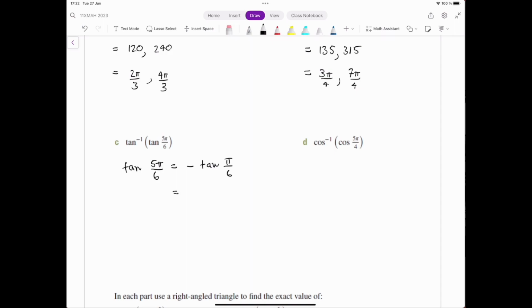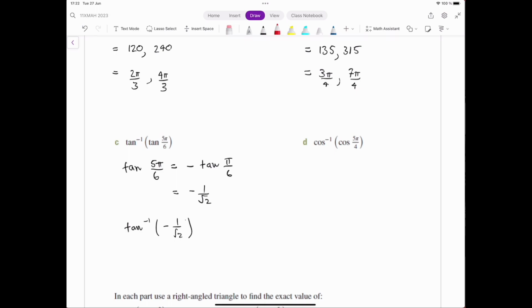Now tan of pi on 6, if you type it into your calculator, is 1 on root 3. So my answer is minus 1 over root 3. Now I like to explain what we have to do here with a graph. So we're trying to find tan inverse of minus 1 over root 3.